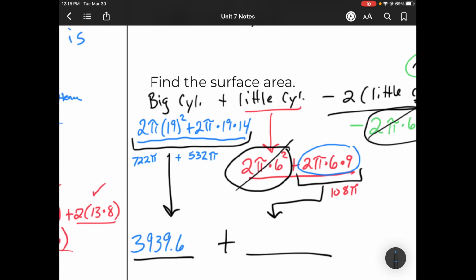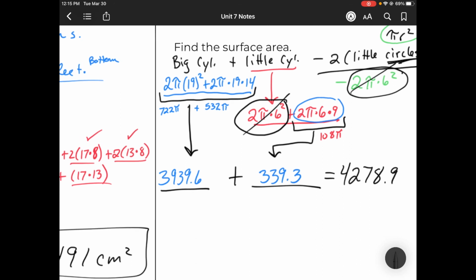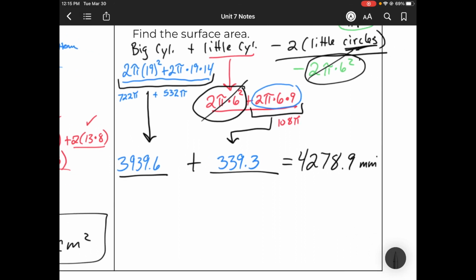And then when I do 108 pi, that's about 339.3. And so when I add those together, I get a grand total of about 4,278.9 square millimeters.